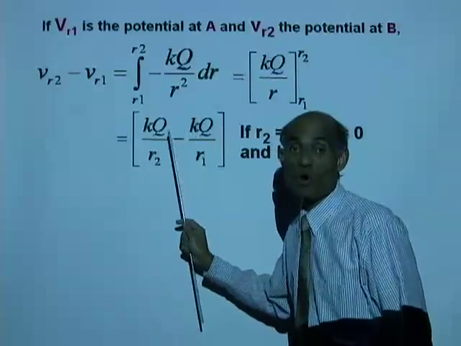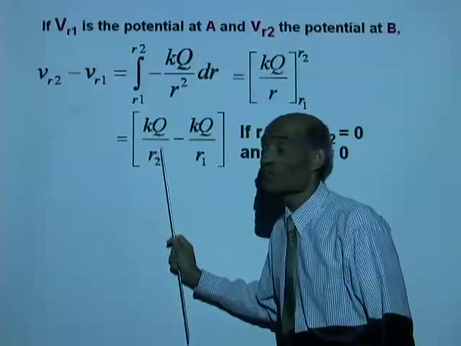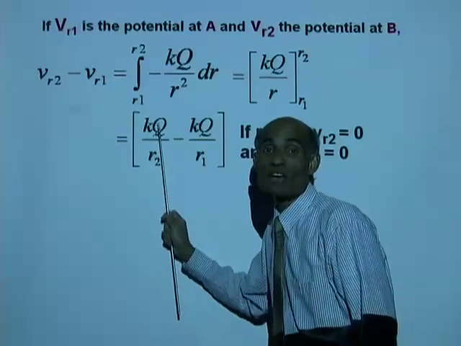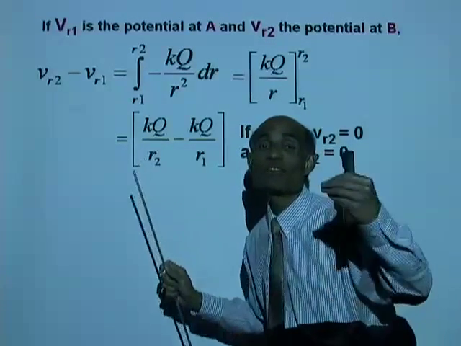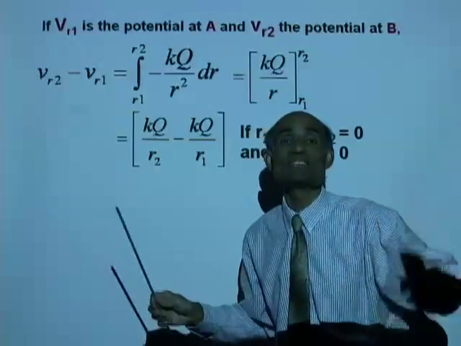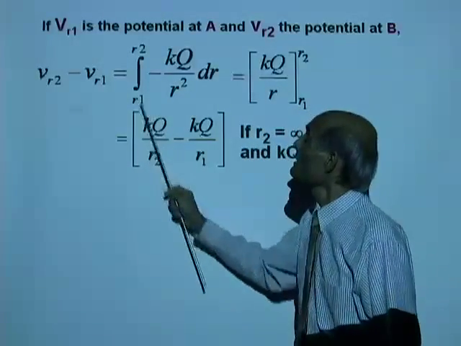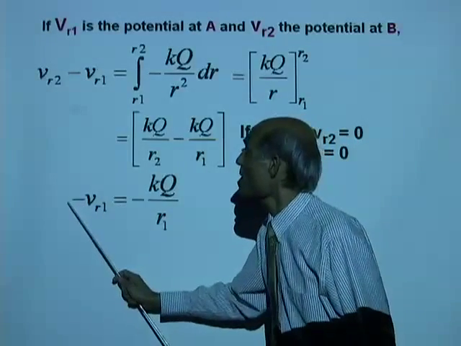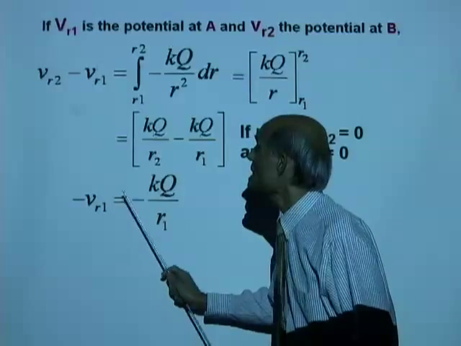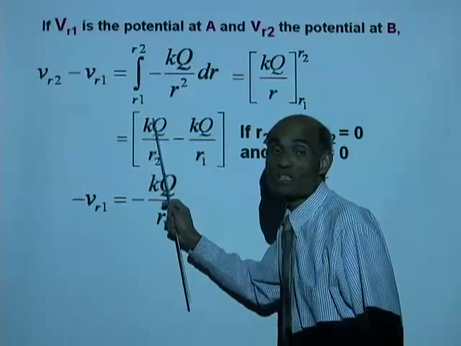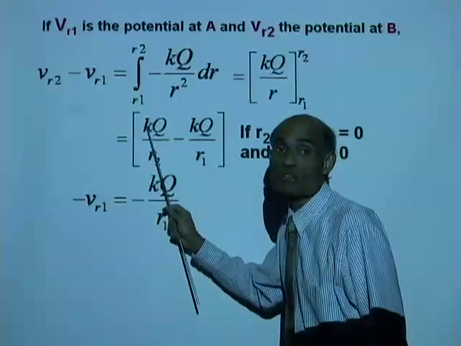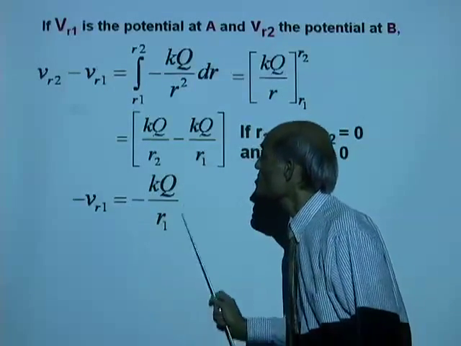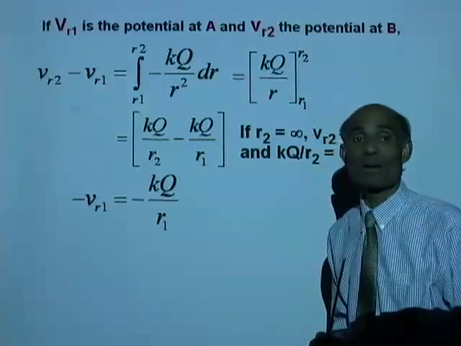And also one more quantity on the right side will become 0. When R2 is infinity, KQ over R2, anything divided by infinity, is 0. So look at the change we can make there. 0 minus V(R1), negative V(R1), equal to, when R2 is infinity, this quantity is 0. 0 minus KQ over R1 is negative KQ over R1.